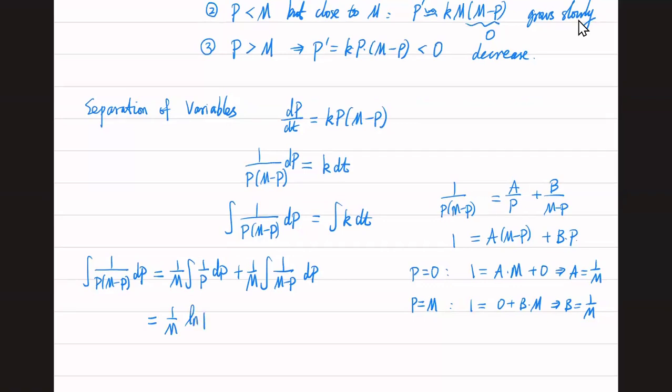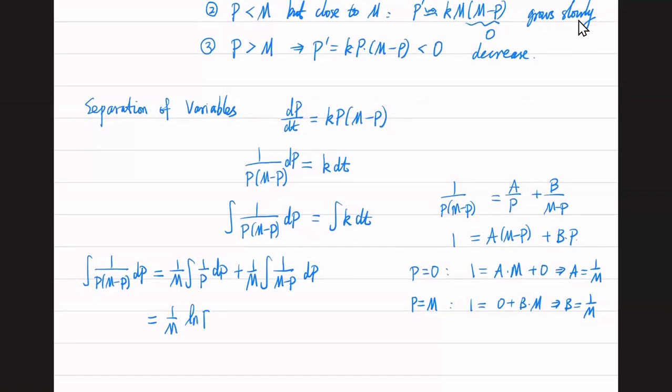Again, because P is positive, we can drop the absolute value. So for this one, sometimes it's positive, sometimes it's negative, it depends. We will divide this into two cases.